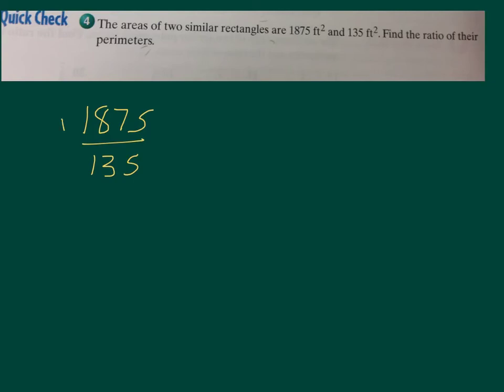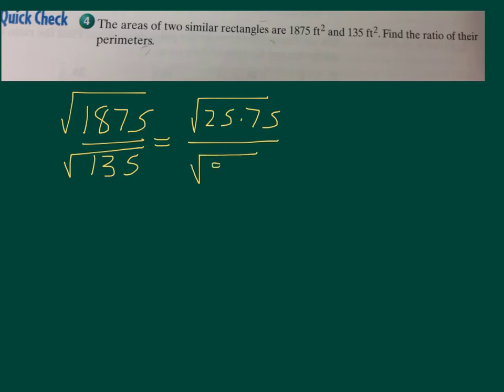Now how are we going to get the ratio of their perimeters? We need to take the square root of both the top and the bottom. And this is a massive problem in simplifying radicals. Hopefully you see that 25 will go in there 75 times. And in this one, 9 goes in there 15 times.